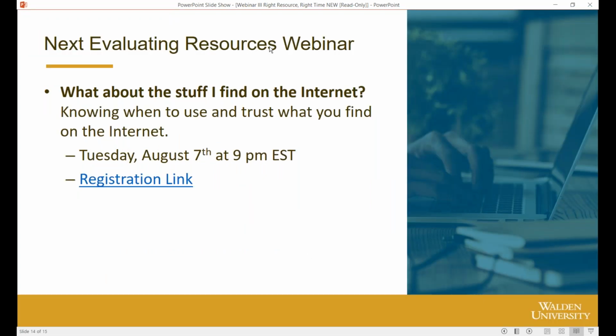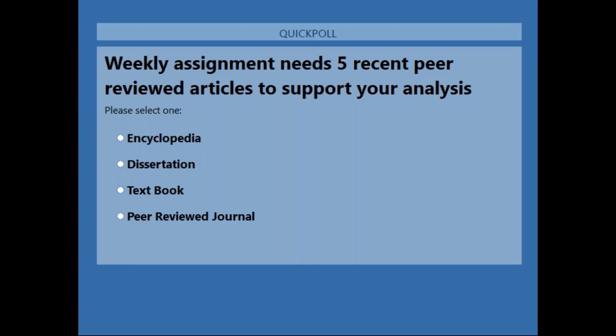So that brings us back to everything I had to cover. I did have a poll that I wanted to try, just some questions to see if you could help answer these. All right, so I have two polls for you, and this is the first one. Your weekly assignment needs 5 recent peer-reviewed articles to support your analysis.